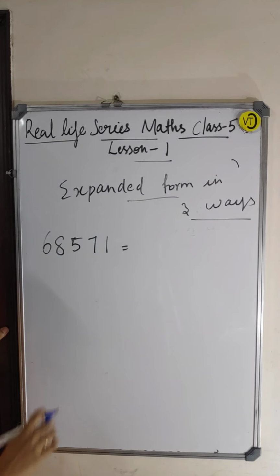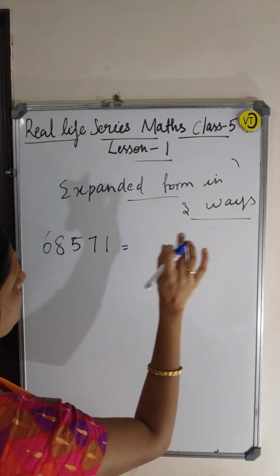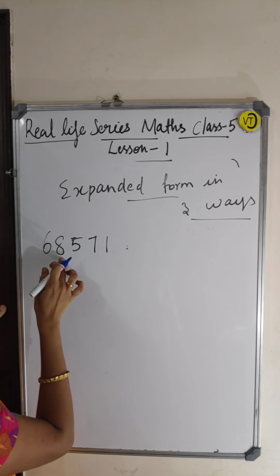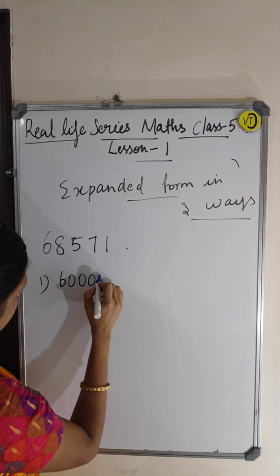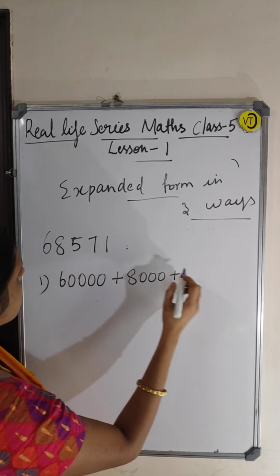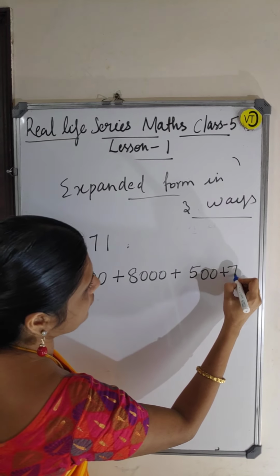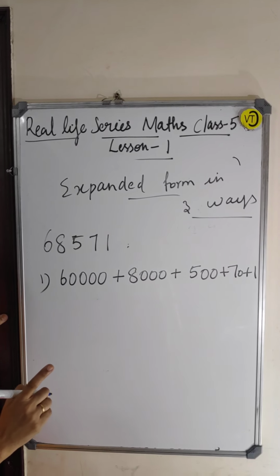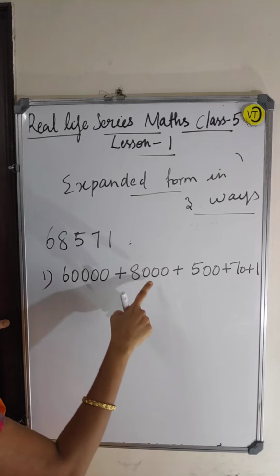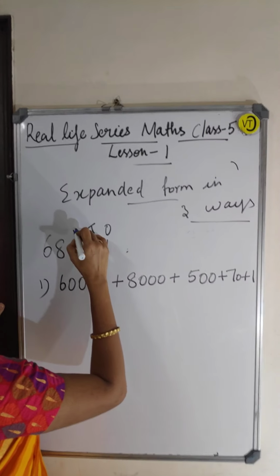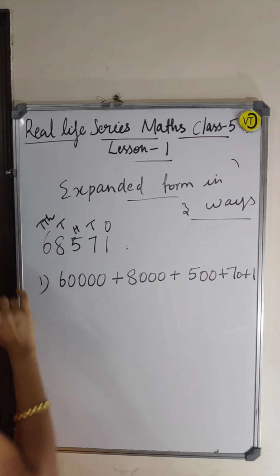The first way I am writing here: 60,000 plus 8,000 plus 500 plus 70 plus 1. So this is the first expanded form. Because you know this is ones, tens, 100, 1,000, and this is 10,000.